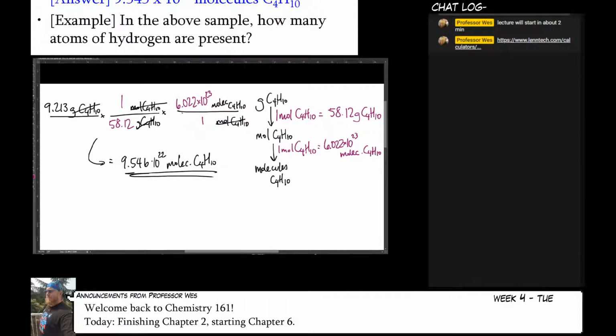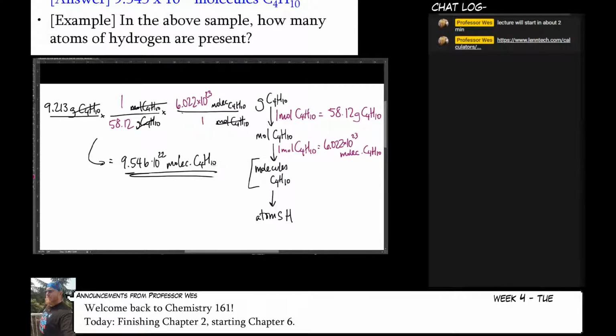Now, if I know how many hydrogen atoms there are per molecule, I could figure out how many hydrogen atoms there are in a collection of molecules, right? Because if I know this number right here, I could then say, okay, how do I convert to the number of atoms?